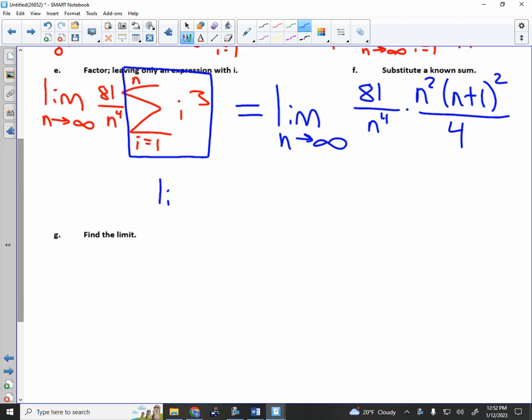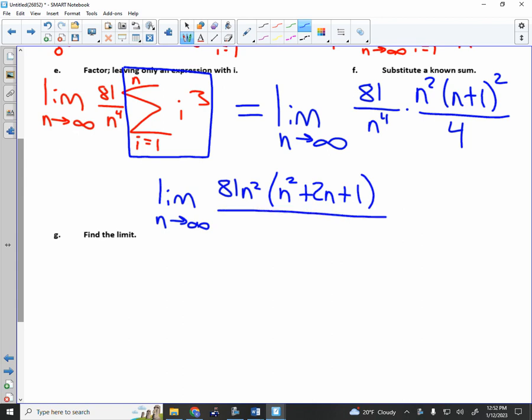We get the limit as n goes to infinity of 81n squared times, and what is n plus 1 squared? n squared plus 2n plus 1 all over 4n to the fourth.